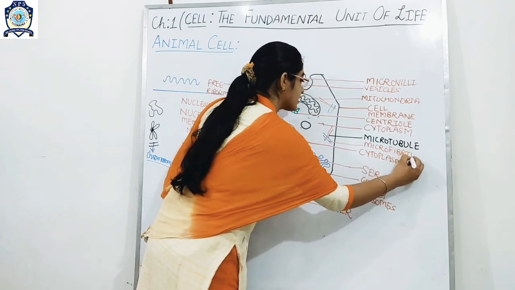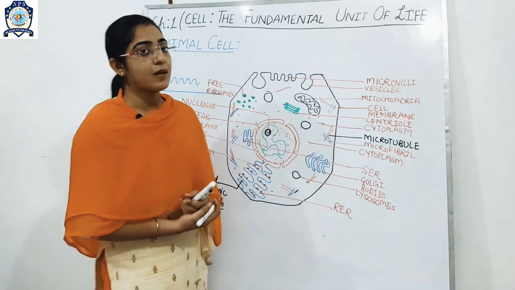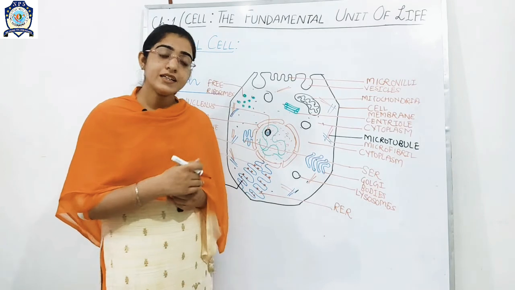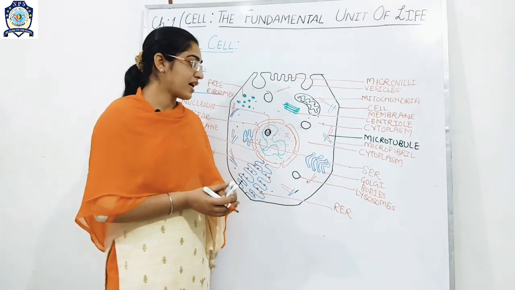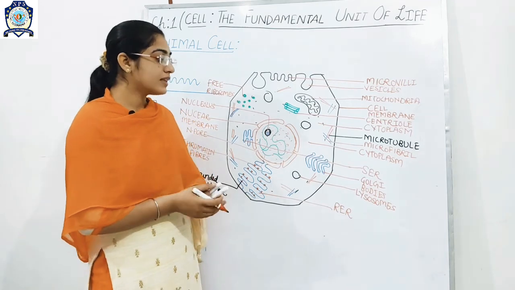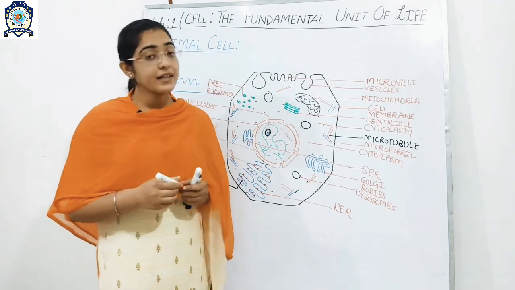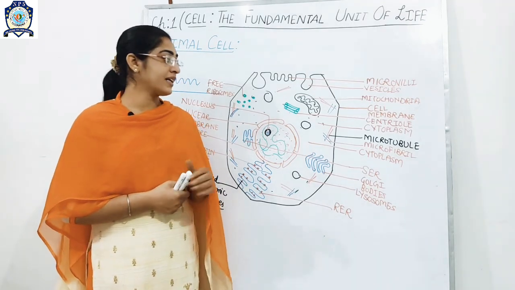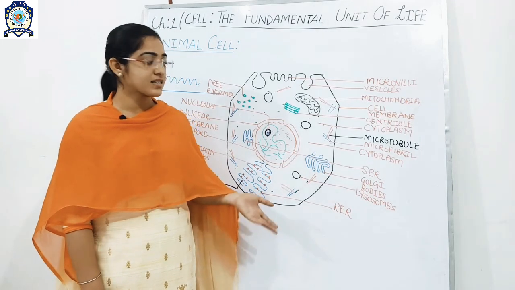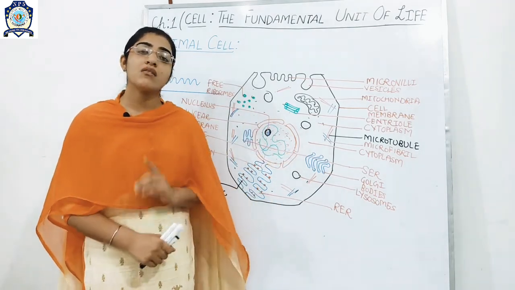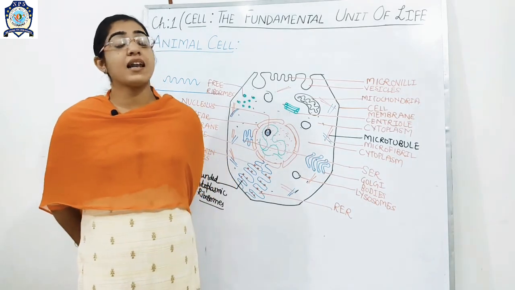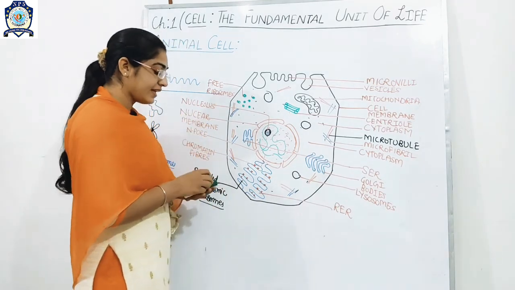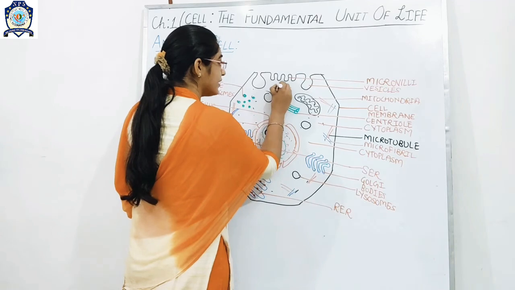And why are these cytoskeleton structures present? Because they help to maintain the shape of the cell and also provide support to the cell. Okay. So that's why these cytoskeleton structures are supportive. And in some animal cells, as we have drawn in the previous class the plant cell, there was a large central vacuole, while in animal cells either vacuoles are absent, or if they are present then they are small in size.